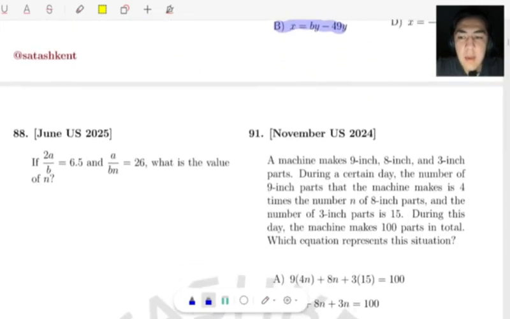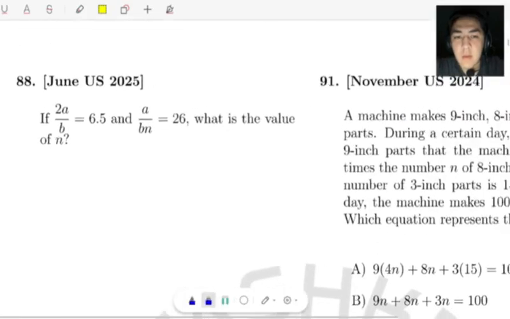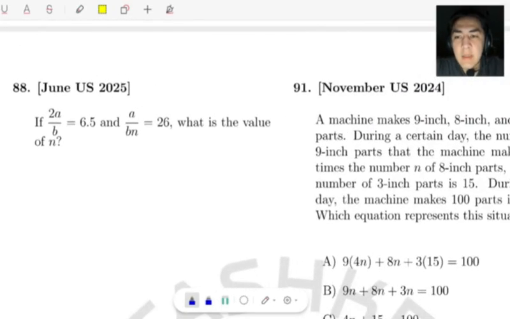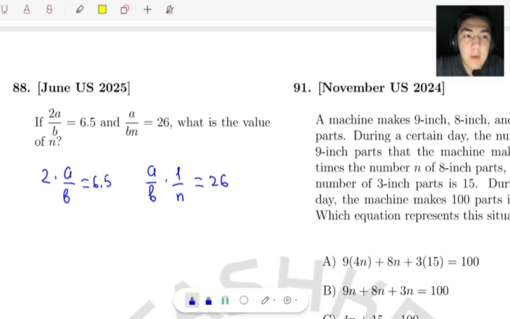88. Okay, you are given this thing and this thing. What is the value of n? Look, 2 multiplied by a over b equals 6.5, and a over b multiplied by 1 over n equals 26, right? Here we have to find the value of n, guys.